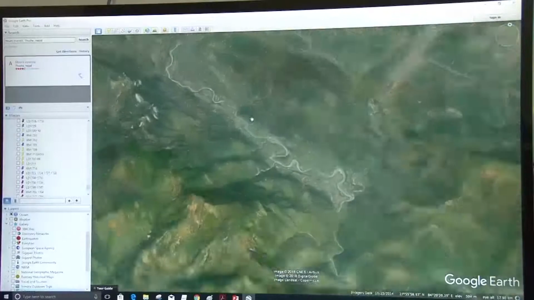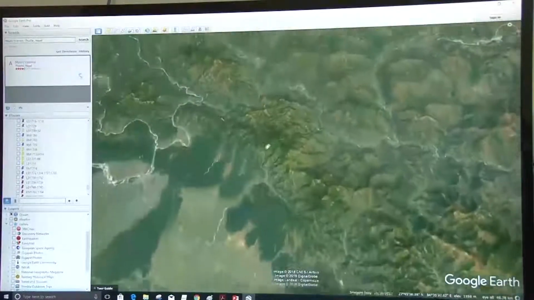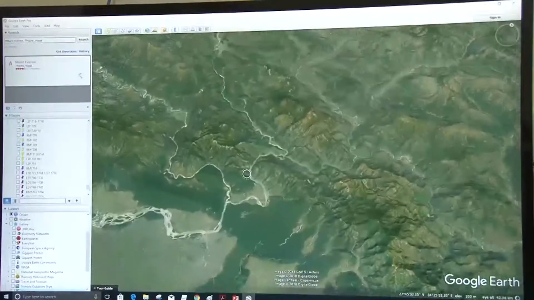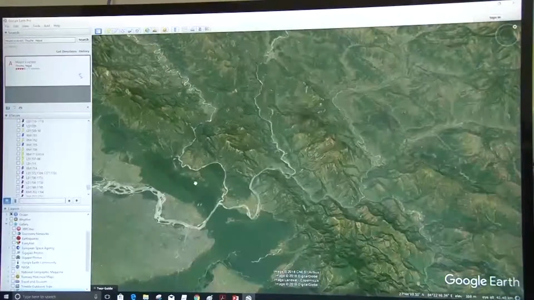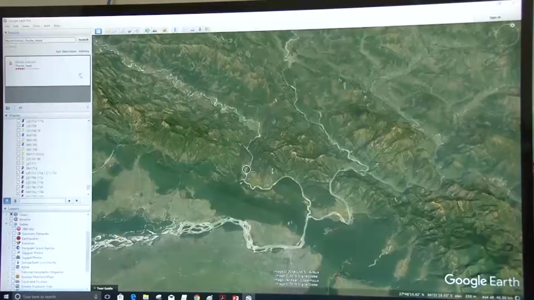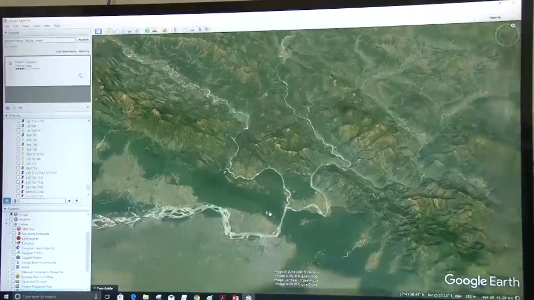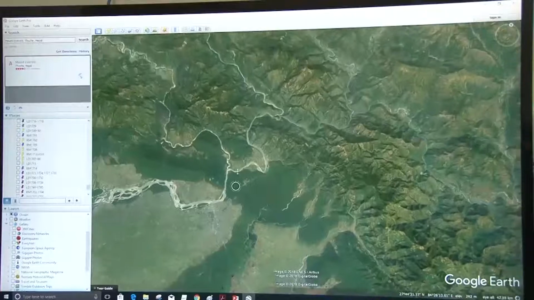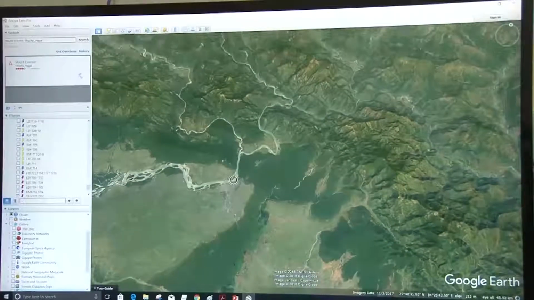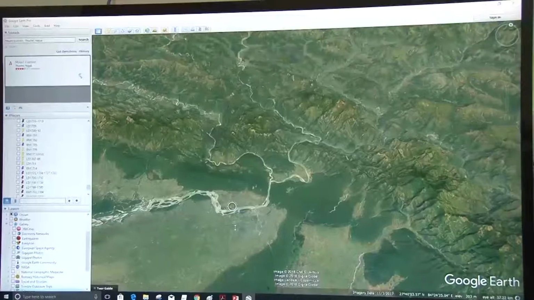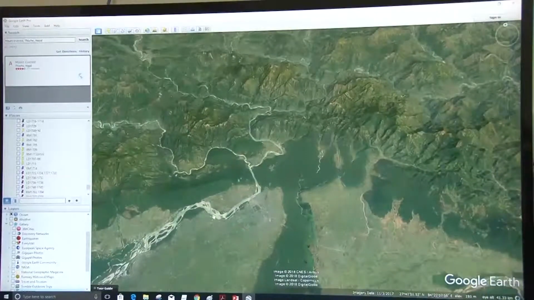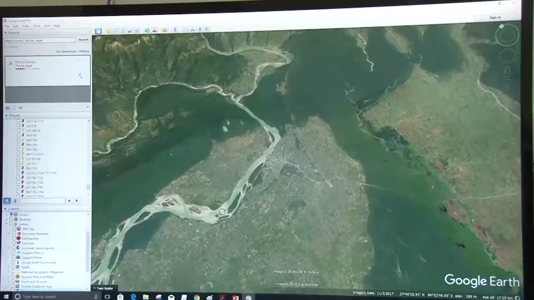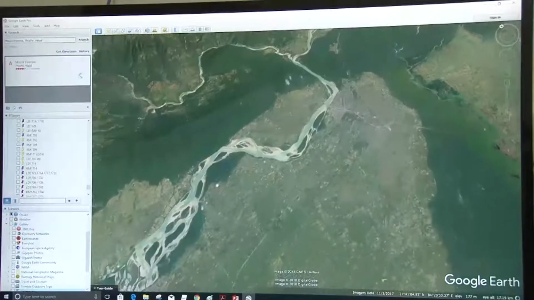When they move from the upland regions to lowland regions, they lose energy, and the channels become wider as shown here, and rivers start meandering.